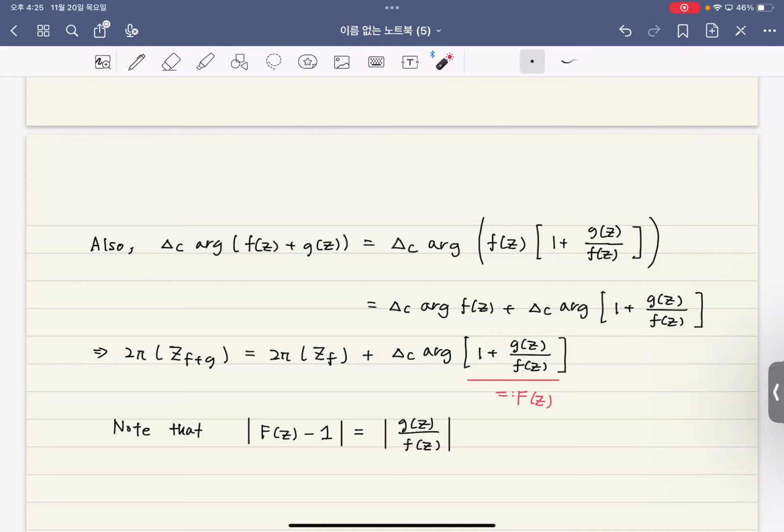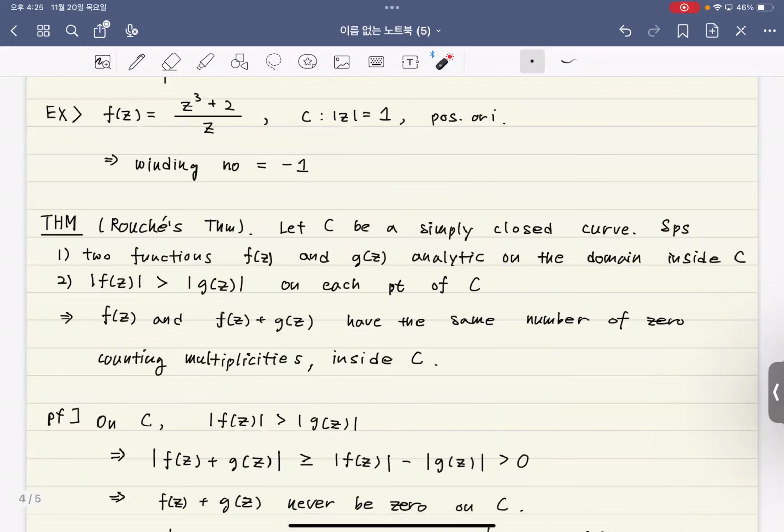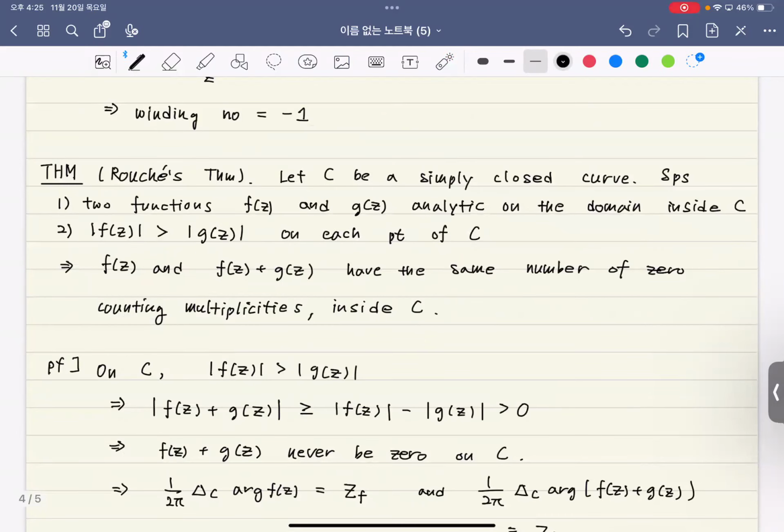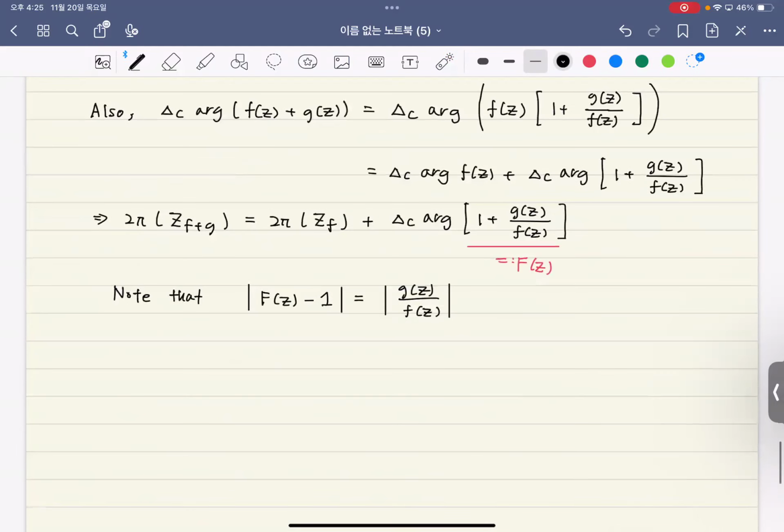If this point z is on the curve C, then we are assuming this inequality of the two moduli, so f is always greater than g. This means this should be less than 1. Okay, so what does it mean?